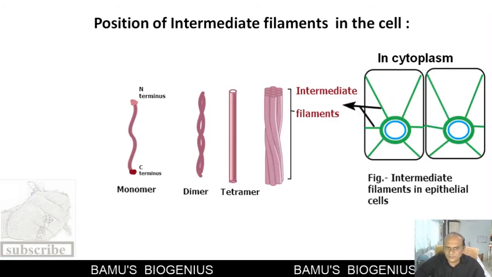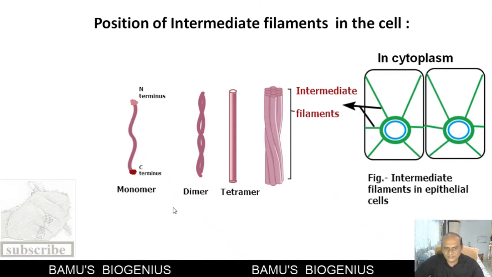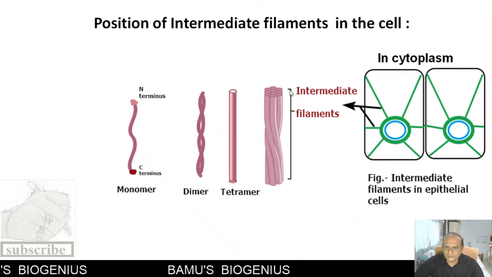Now you can see here the position of intermediate filaments in the cell. As I have told you, these monomers form a dimer, then dimers form a tetramer, then these tetramers form the intermediate filaments, so rope-like intermediate filaments.